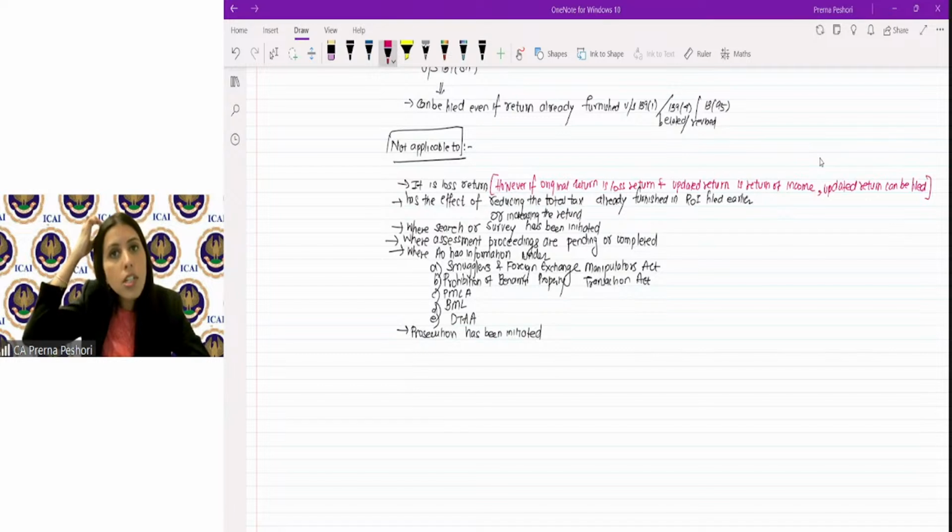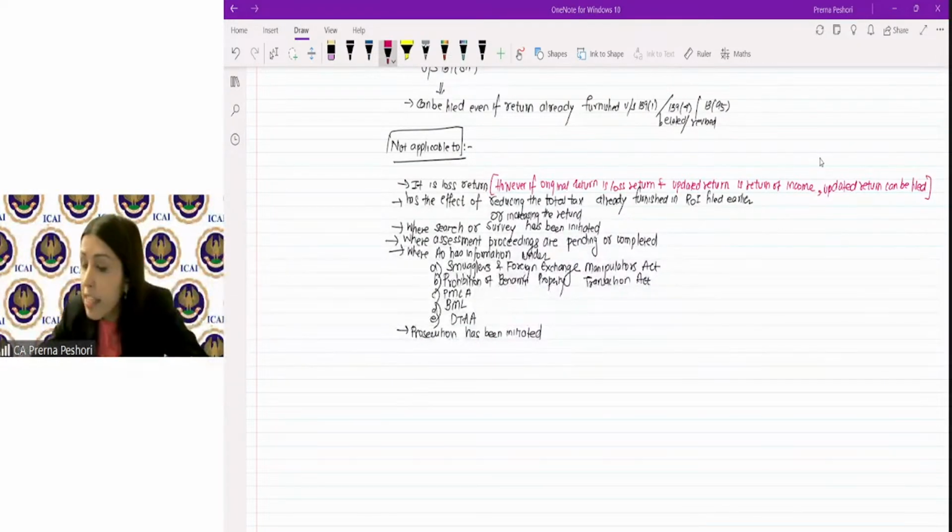So if it is a loss return, it's not that you cannot file the updated return at all. You can file if you're converting the loss to the income.